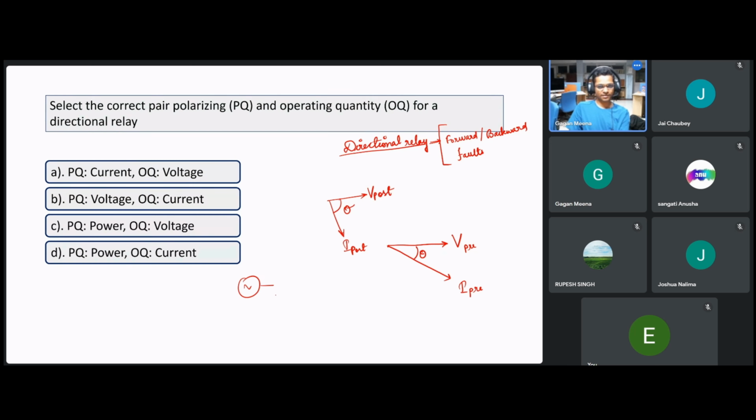because when the fault happens, the impedance seen at the fault point changes.